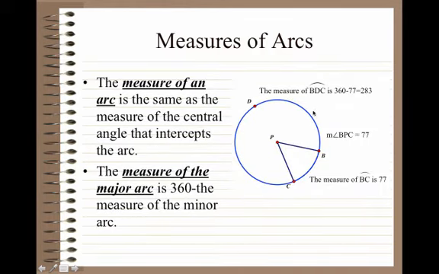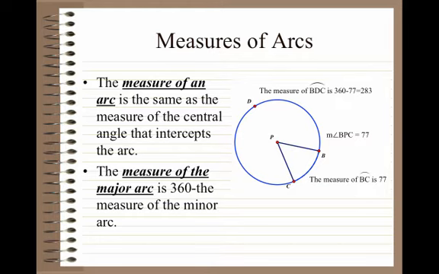The measure of an arc is always exactly the same as the measure of the central angle. Now, what is a central angle? A central angle is an angle whose vertex is at the center, hence the name, and its sides are made up of radii. So the measure of an arc will always be equal to the measure of the central angle.